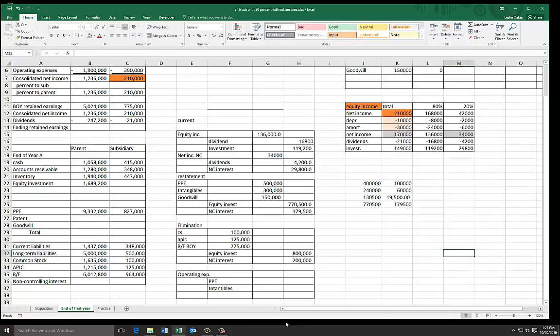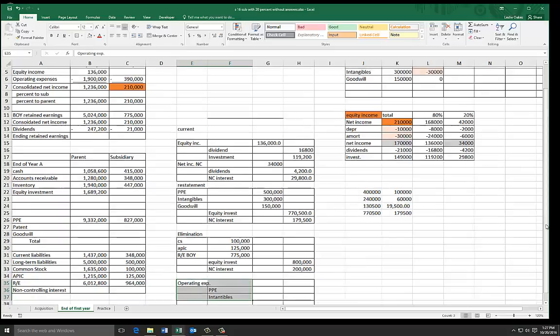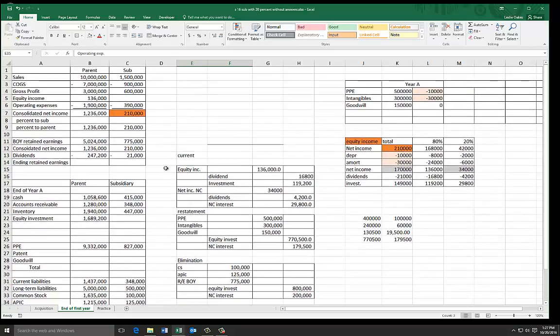Very good. All right, finally, we have to do the operating expenses and the PP&E. Now, sometimes you'll look up here at the worksheet and you'll see that they're actually splitting them into depreciation expense, amortization expense, but here they've got them all in operating expenses.